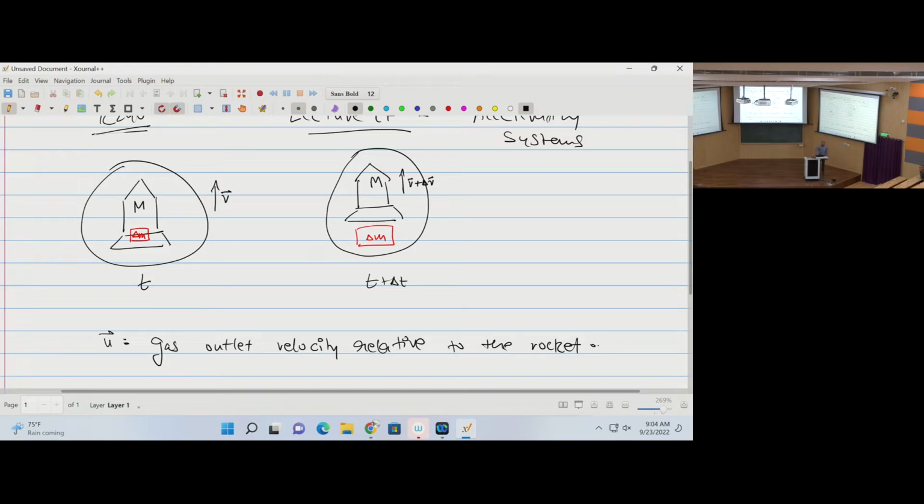The gas leaves the rocket at a relative velocity of u.